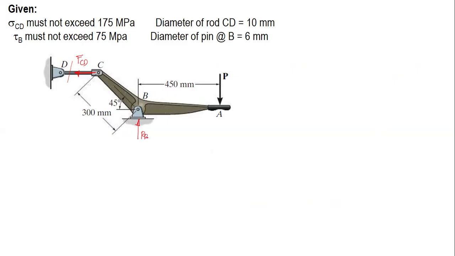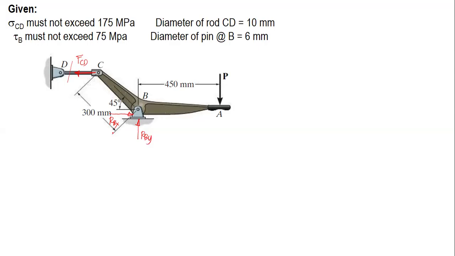You have RBY and also the horizontal component RBX. Okay, so there are three equilibrium conditions: summation of force along the horizontal equal to zero, force along the vertical equal to zero, and summation of moment about a particular point equal to zero. And we also have three unknowns.